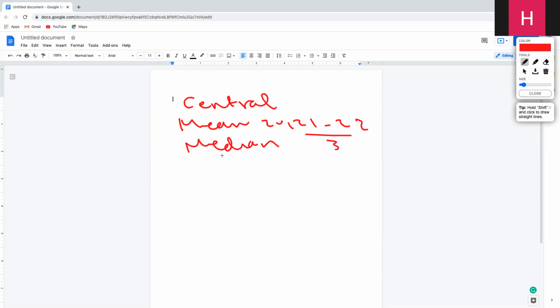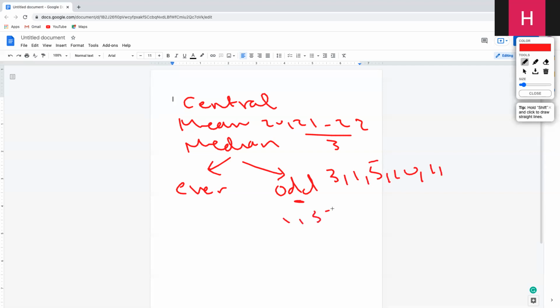This is simple. And if I ask for the median, it depends. Do I have an even number of data or an odd number of data? In both cases, first you have to organize them. So if I tell you 3, then 1, then 5, then 10, then 11, first organize them from the lower to the upper limit.